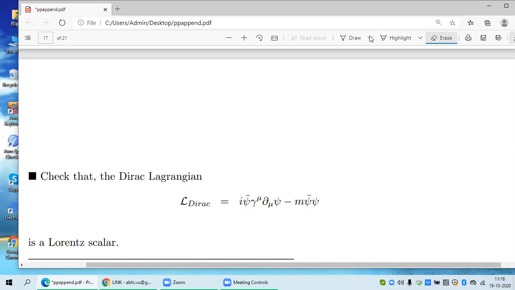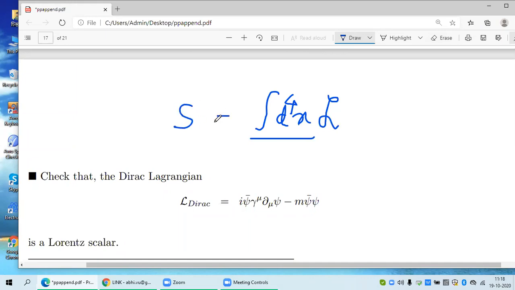Do you know what is the Lorentz transformation of the d4x integral? It is invariant. Okay, so L should be invariant, so that the action becomes a pure number, a space-time independent number. So we require the Lagrangian to be Lorentz invariant.